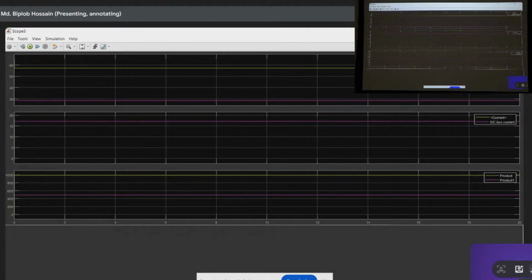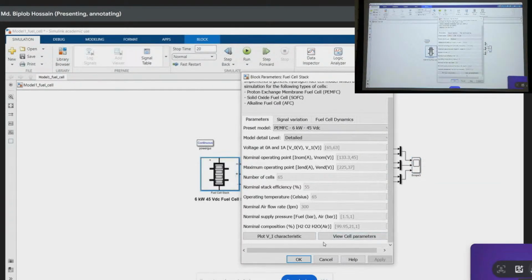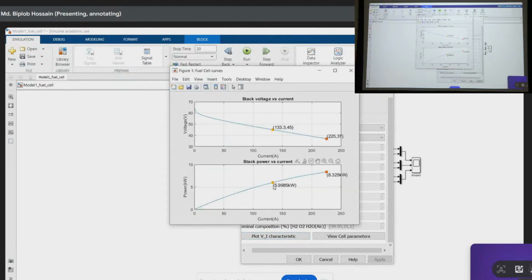So if we go back again to this fuel cell model, for example, the VI characteristics, we can operate this fuel cell in any region of this characteristic line, but this one is only our nominal operating point. So here the voltage is 45 and current is 133.3.